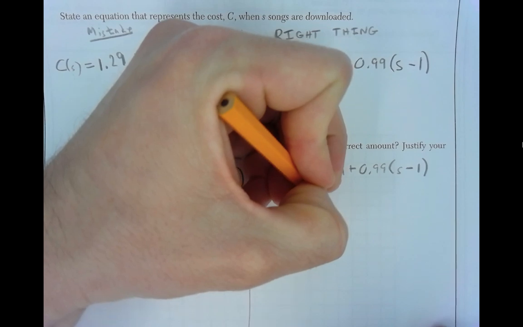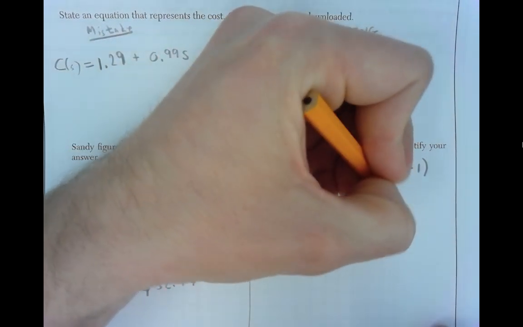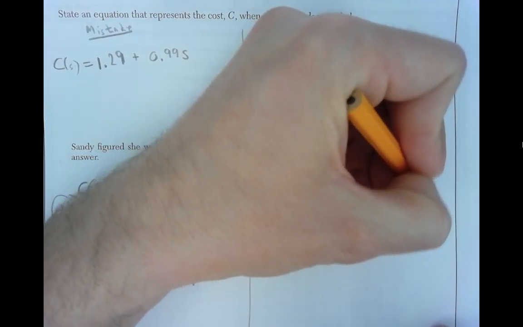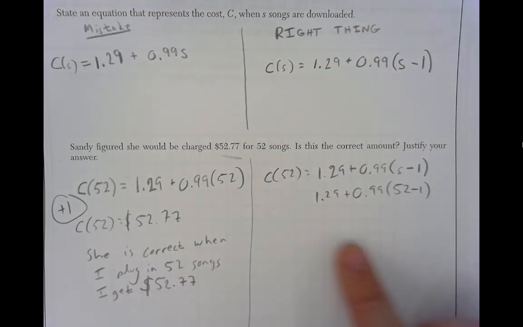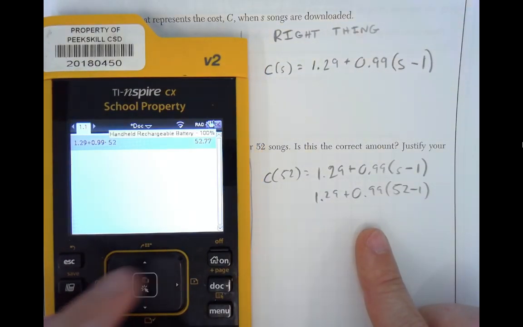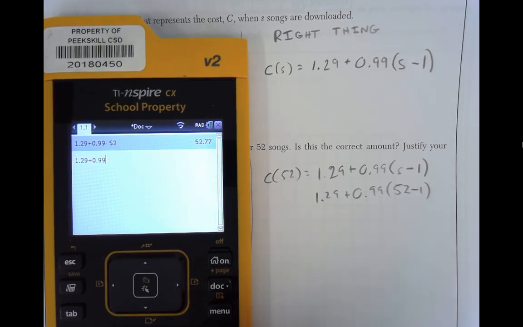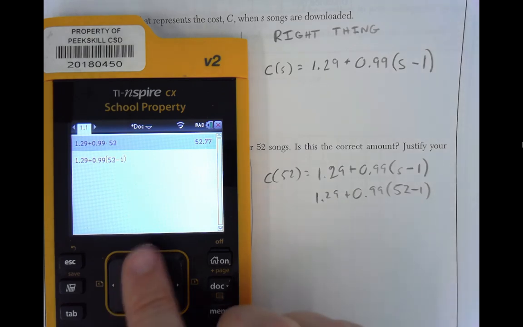And then I plug it in as $1.29 plus 99 cents times 52 minus 1. Well, I can plug this whole thing into my calculator and see the value I come up with. So let's do it. $1.29 plus 99 cents times 52 minus 1, or I could have just done 51 in those parentheses.